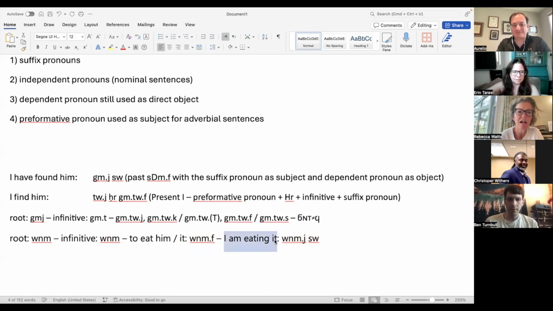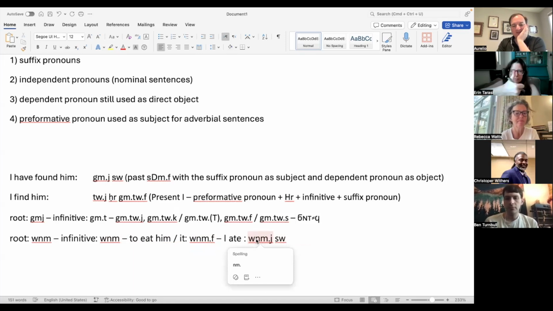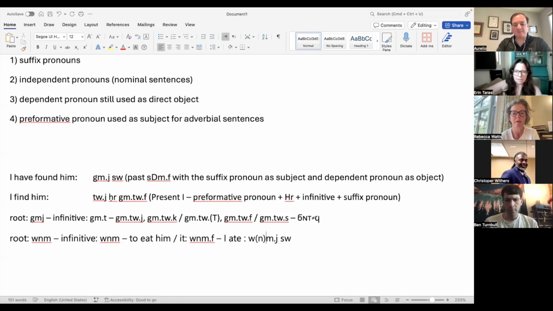I keep switching. So I ate. Thank you very much. Did I put the N in the right place? Yes, right. It's wenem, I believe. Because at this point in time it's really wom. They don't pronounce the N anymore, but I think it's still spelled that way. Okay, so that's how it works with those pronouns.